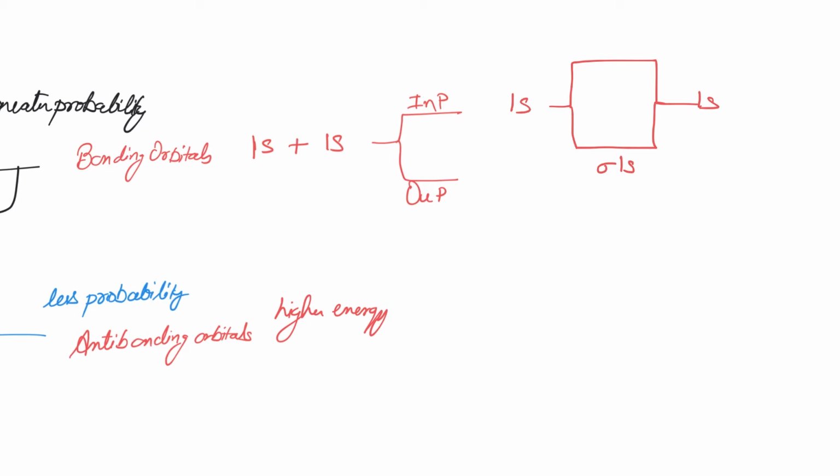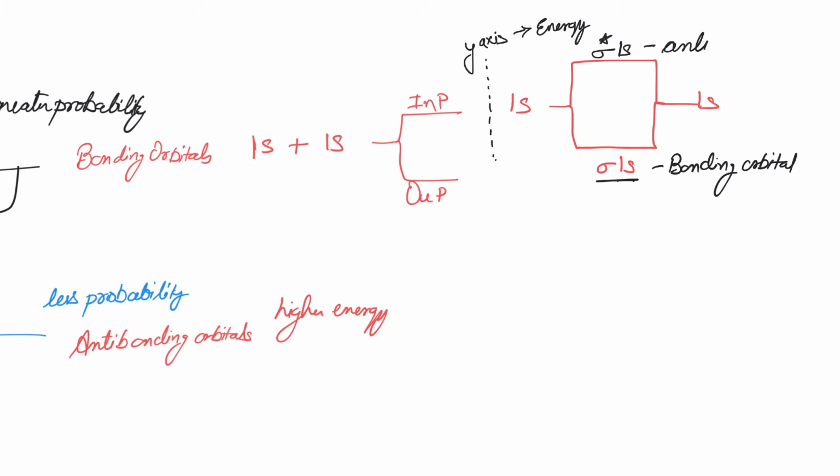Now you have to understand, when I represent this diagram, I'm assuming the y-axis represents energy, right? It's never drawn, but the vertical scale represents energy. That is why the sigma 1s bonding orbital is drawn on the lower end, whereas the sigma 1s star, this star mark, represents the anti-bonding orbital.